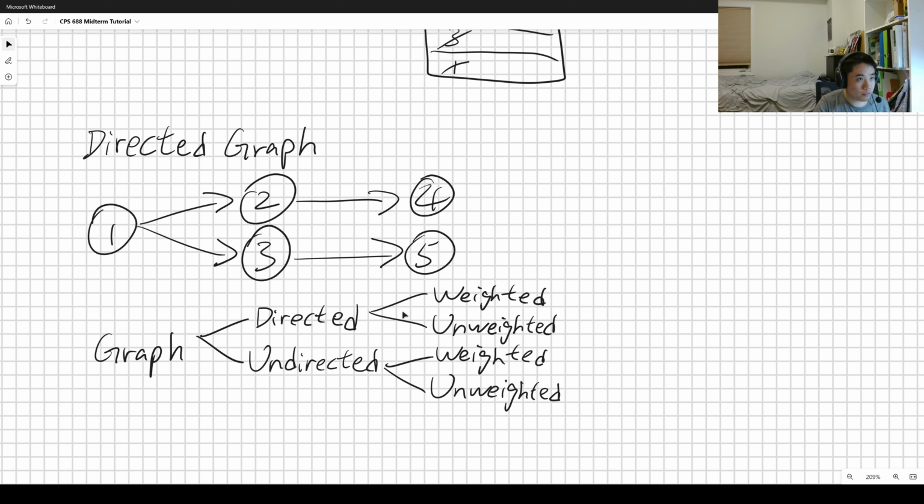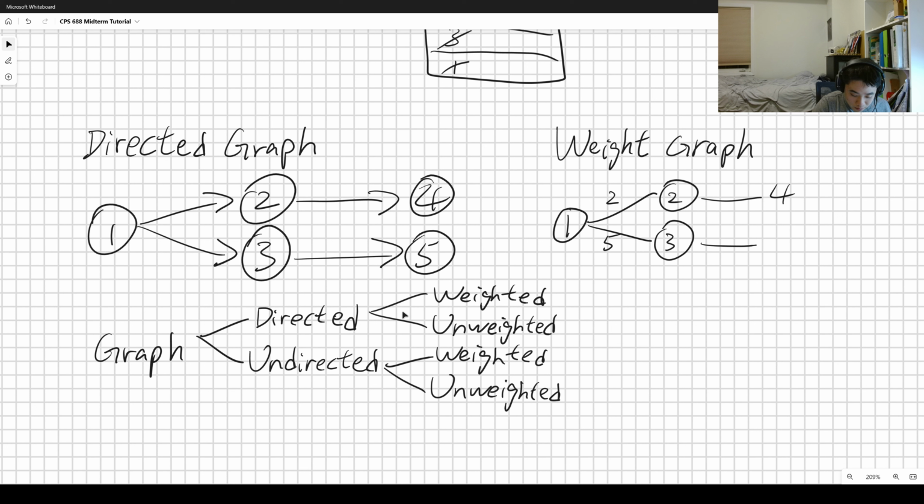So for a weighted graph, you already know what that is. It's basically edges having some kind of value, like a cost. For example, I will assign them random numbers like this. I'm sure this is already covered in COE 428, so I'm not going to go into it too far. So yeah, there you go. That is BFS. Oh wait, no, that's graphs.